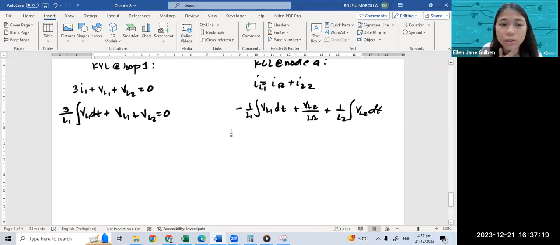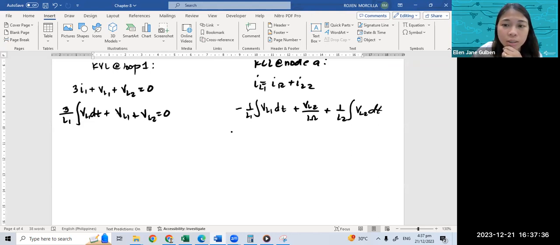So same solution, we can do both VL1 or VL2 just by substituting, whichever equation you would like to solve.